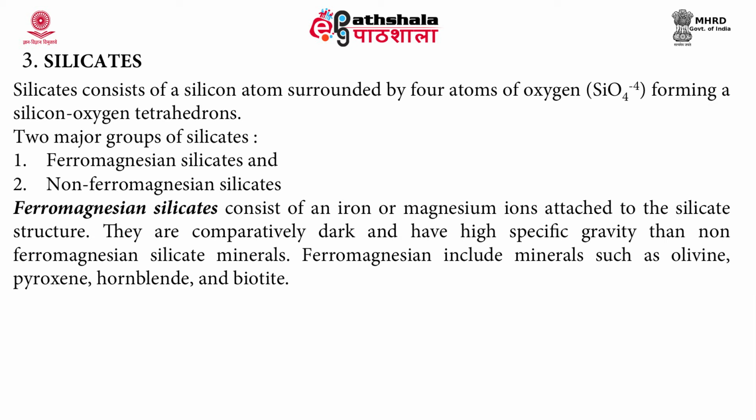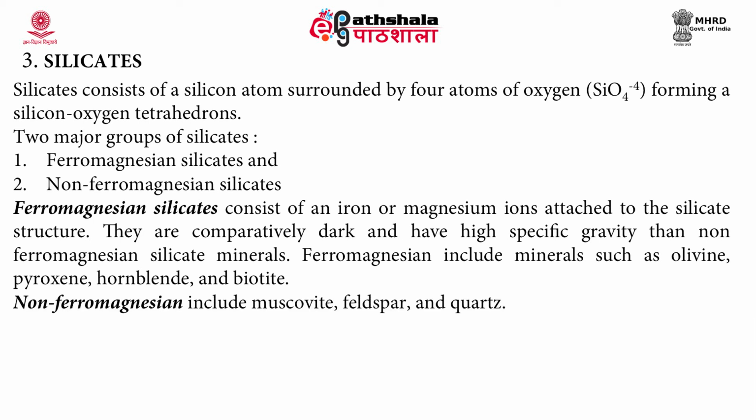They are comparatively dark and have higher specific gravity than non-ferromagnesian silicate minerals. Ferromagnesian minerals include olivine, pyroxene, hornblende and biotite. Non-ferromagnesian minerals include muscovite, feldspar and quartz.